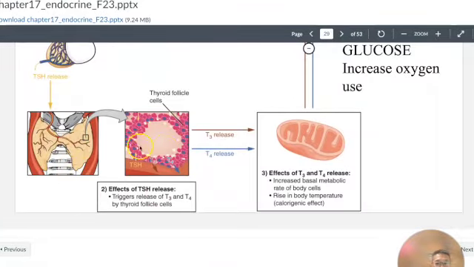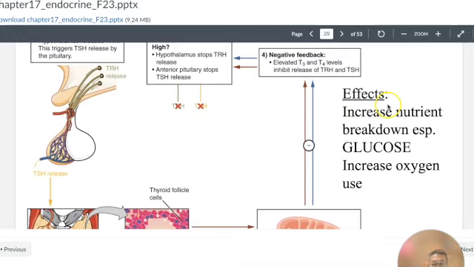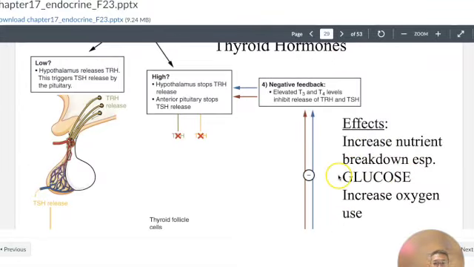It then triggers the release of free T3 and T4. It goes to the mitochondria to increase basal metabolic rate, which raises your blood temperature. The effect: increased nutrient breakdown, especially glucose, and increased oxygen use.